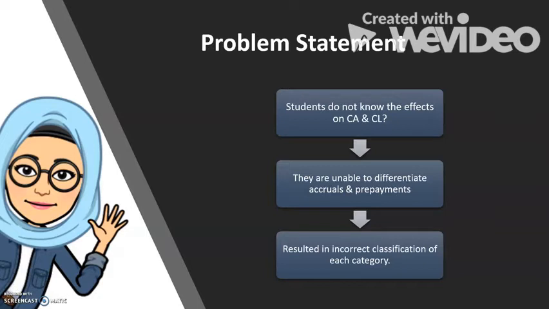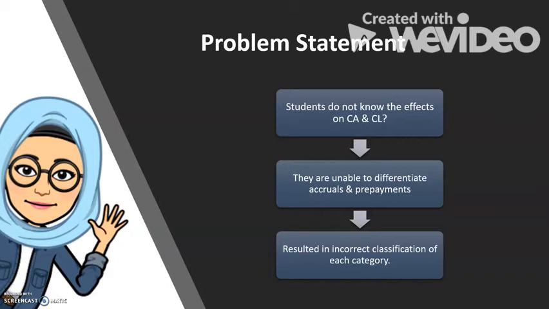The problem statement. Students taking basic accounting courses face problems in understanding the effects of accruals and prepayments on current assets and current liabilities. For them, this topic seems to be quite complicated.